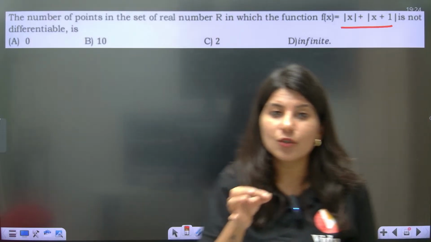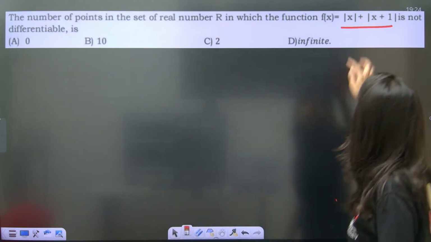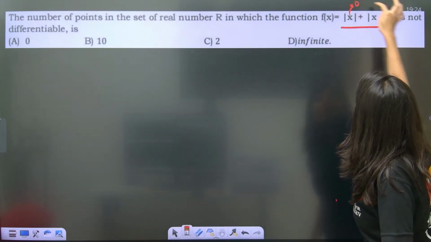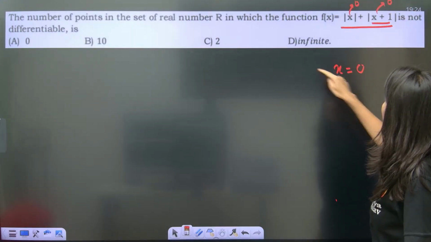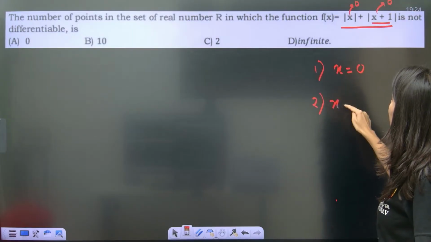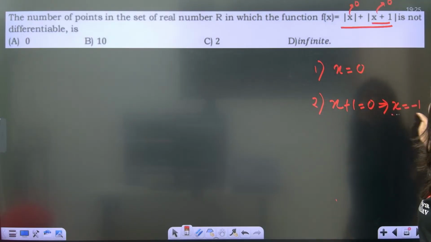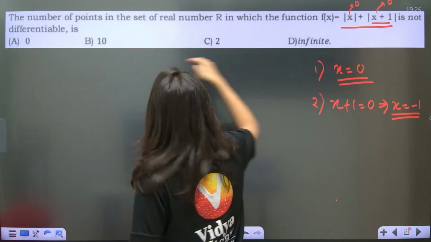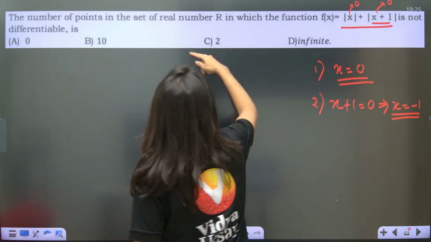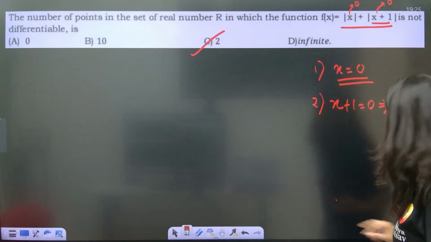Critical points are those points where the expression inside the modulus becomes 0. So x is 0, number 1. Second, x plus 1 should be 0, so x equals minus 1. So there are 2 points where your function is non-differentiable. Option C, 2 points.